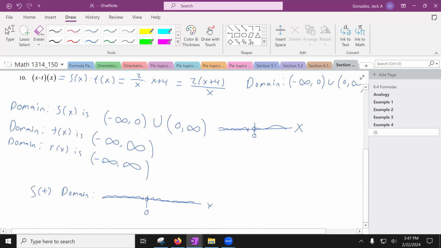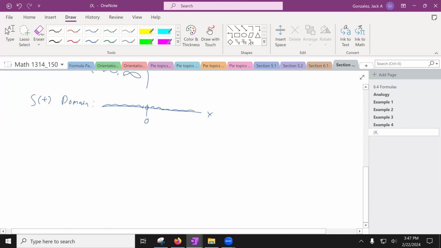For T, the domain is everything, 0, right, everything. So the domain for T is all real numbers. The domain for S is everything except 0.